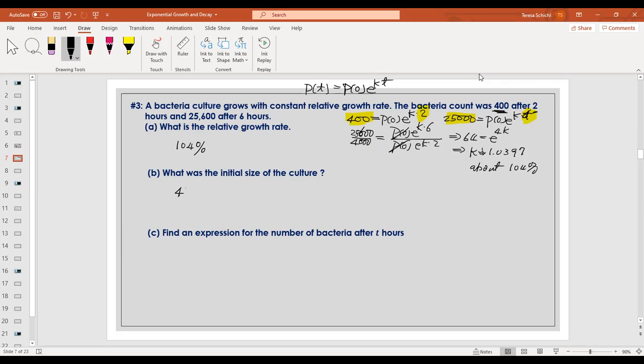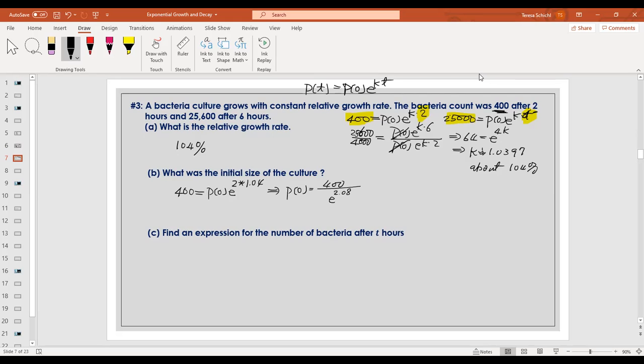Okay, so I just put it, so 400, this is 2 hours, right? So 400 is equal to P0 times e to the 2 hours, and what is my k? It's 1.04, right? Then I can find that my P0 is equal to 400 over e to the 2.08.